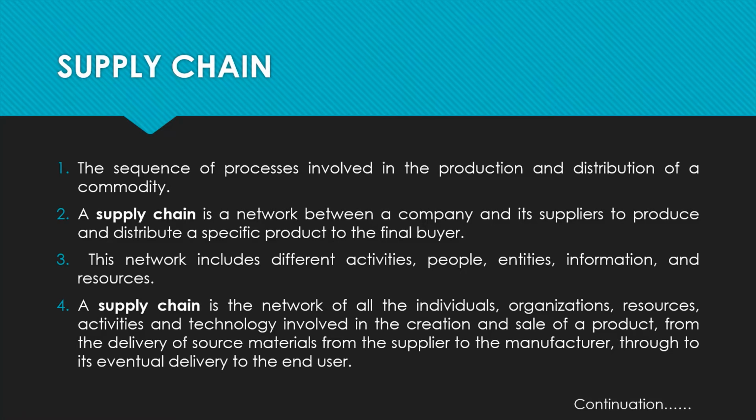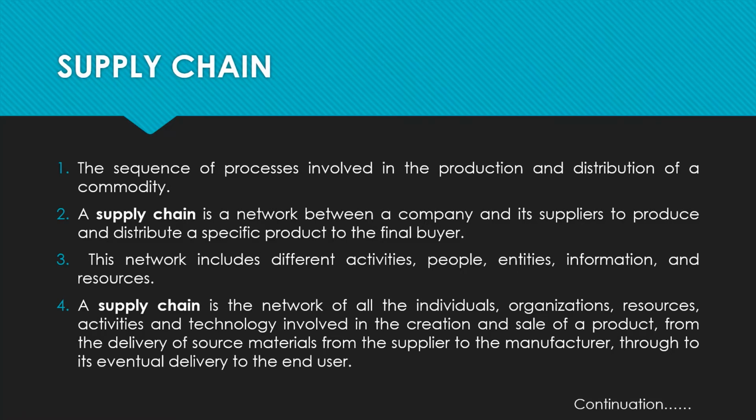Since the supply chain acts as a network, first we have to understand what this network means. This network includes different types of activities, people, entities, any type of information transmitting, and any type of resources which you need to achieve the goal. All these things are part of the network.